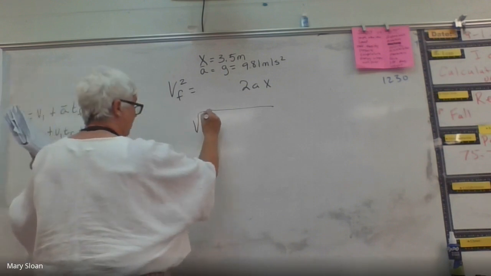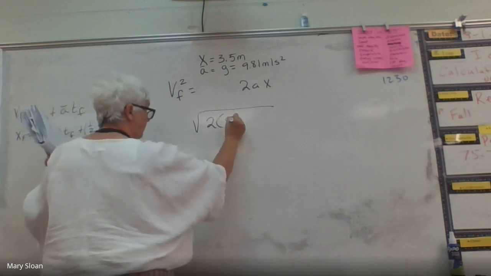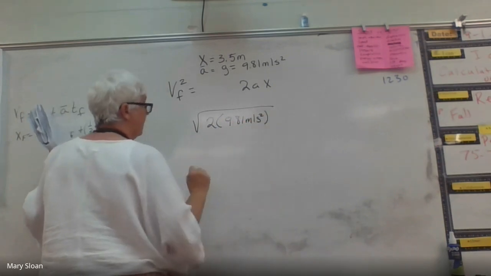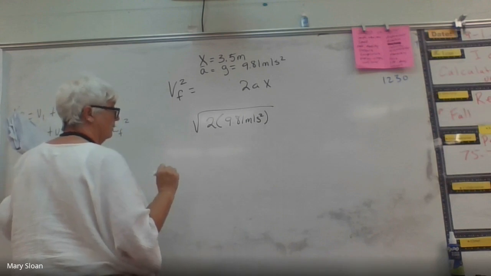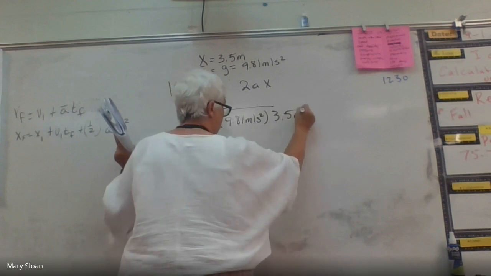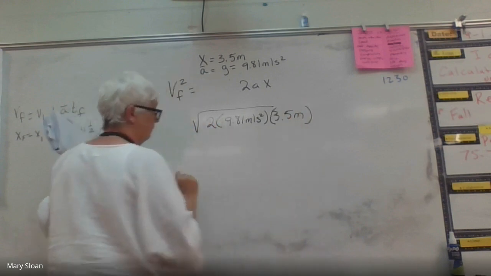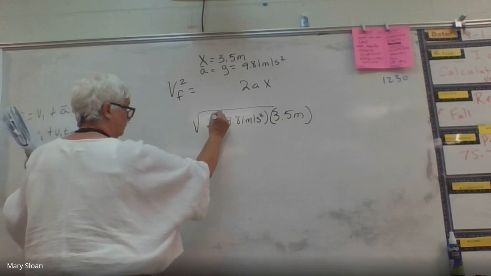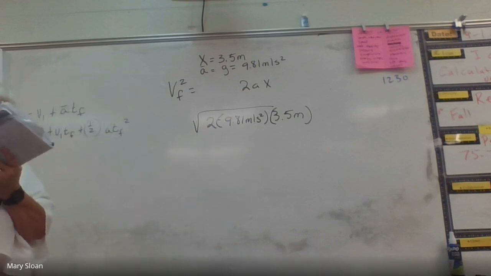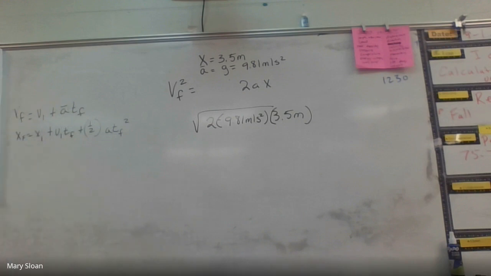So it's 2 times 9.81 meters per second squared times what? 3.5 meters, okay? Would it not be a negative 9.8 since we don't have them? Okay, let's put it in our calculator and see what we get. You square root it, Robert?